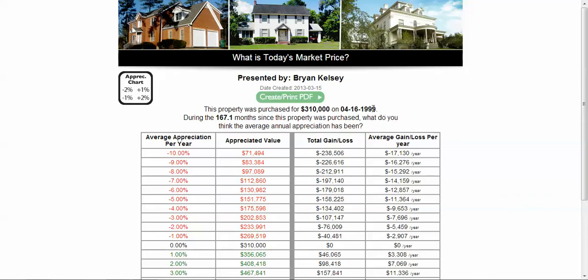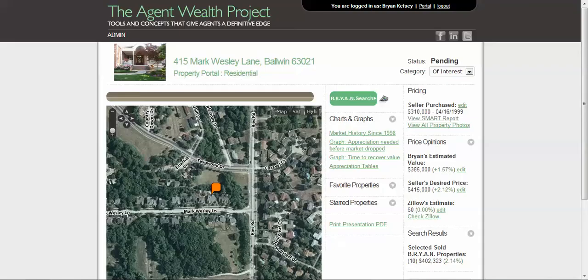We can't utilize the software for properties if we do not know what the person paid for it. This is dependent upon knowing what the seller paid, which is why we have to have this information up here. And by the way, if you don't know what the seller paid, you might be able to do a fair guesstimate.